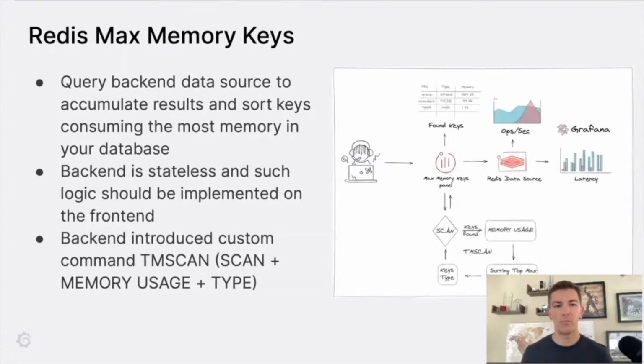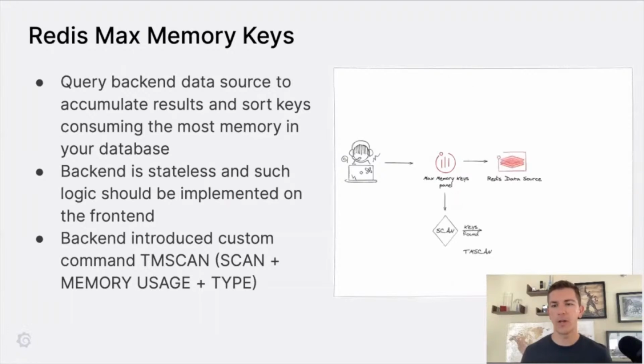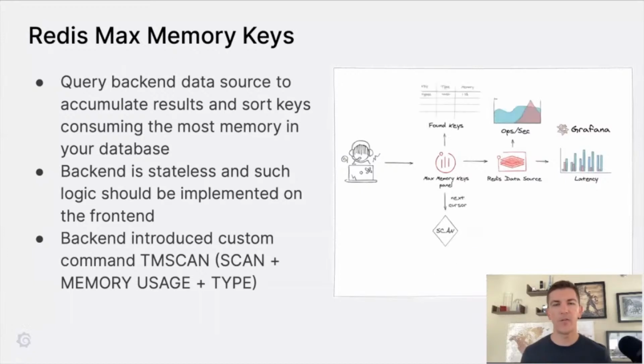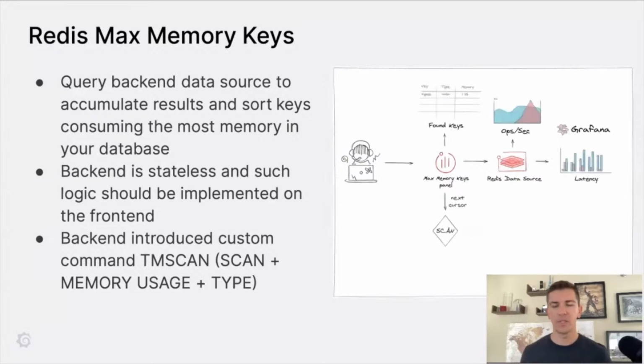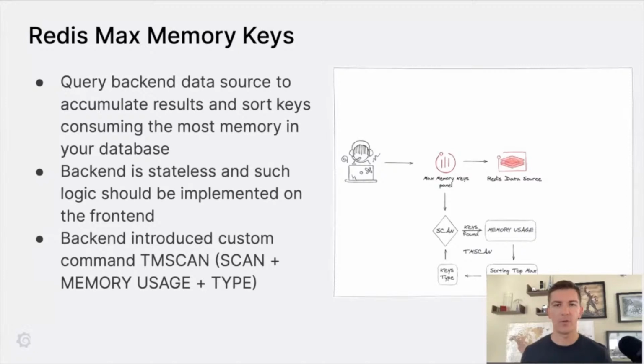Also, the backend can implement additional logic. In our case, we implemented a command called tmscan, which combines 3 different commands: scan, memory usage, and type. And this panel can be displayed on the same dashboard with database metrics like latency and operations per second. Because this operation can increase latency, you can monitor it on the same dashboard.